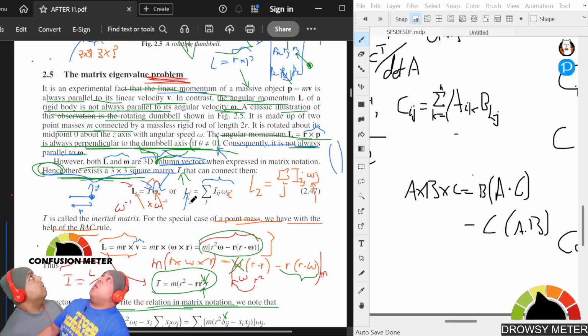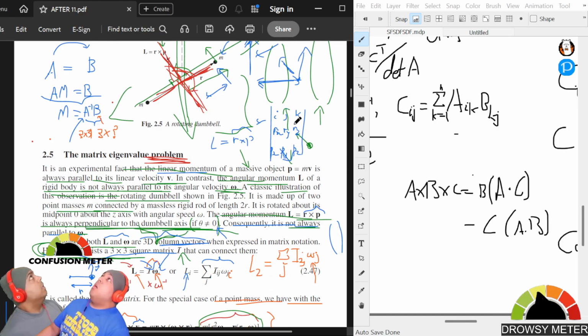It is a 3 by 1 because when you compute this determinant, you get I plus J plus K.